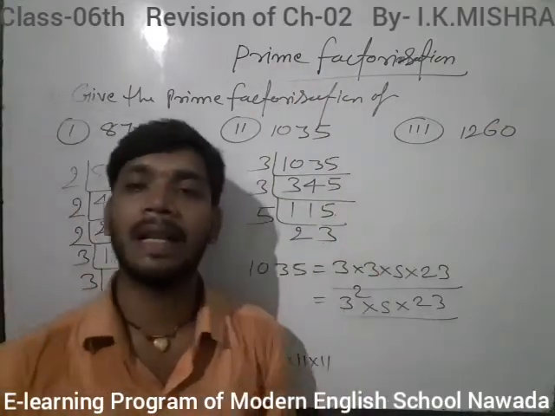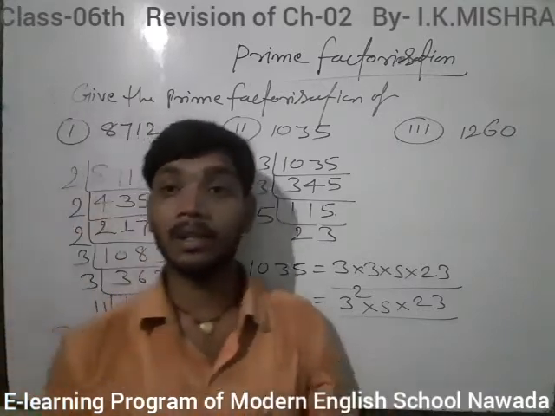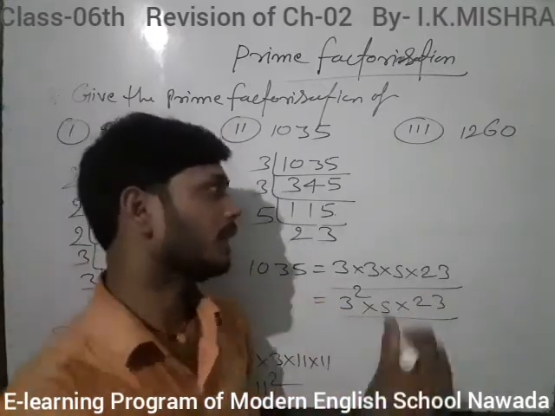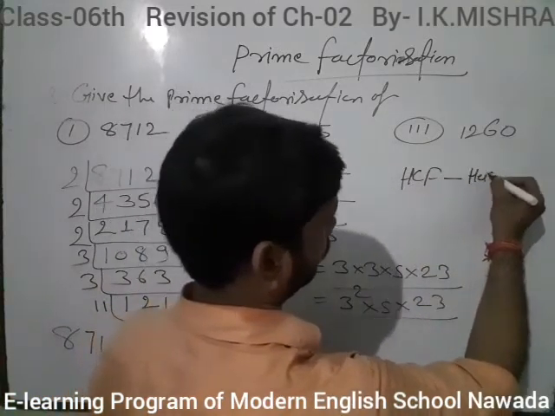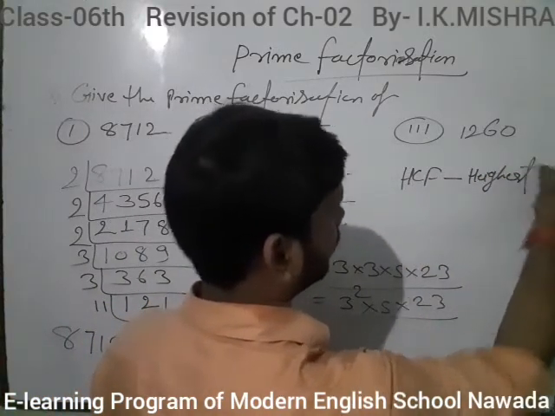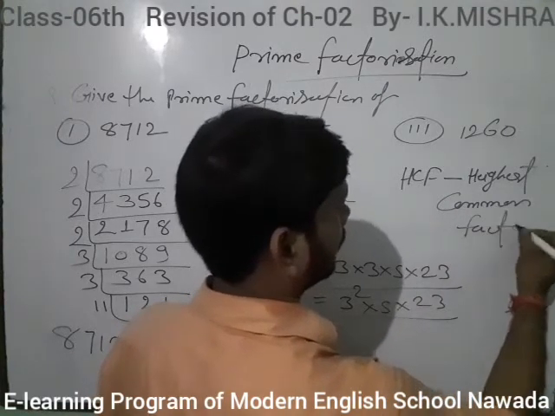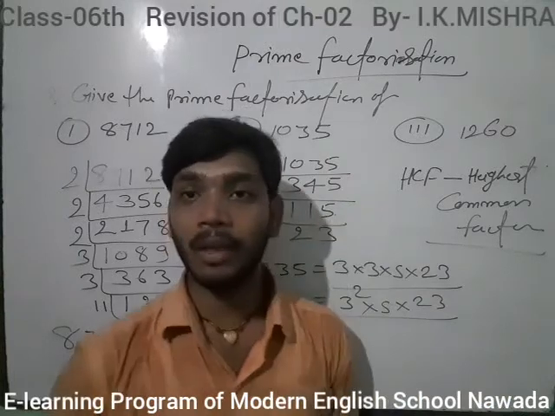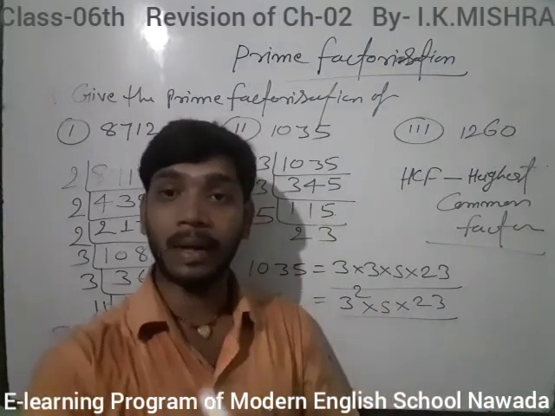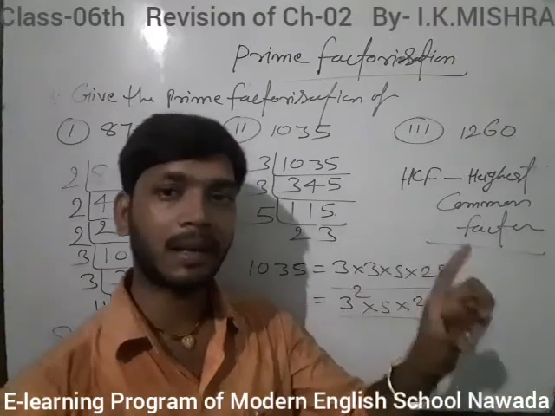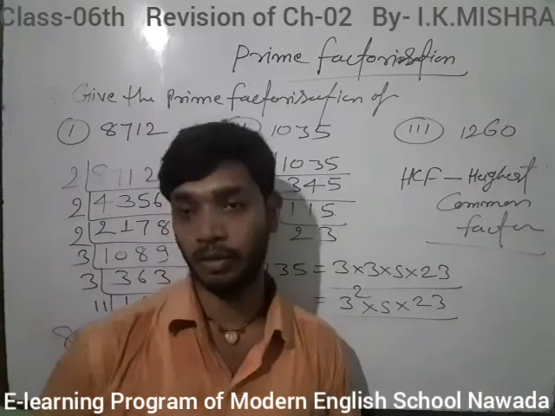If you have to find the HCF of two numbers, you have to write the highest common factor in both. That means write the factors that are common in both, and it is the highest common factor.